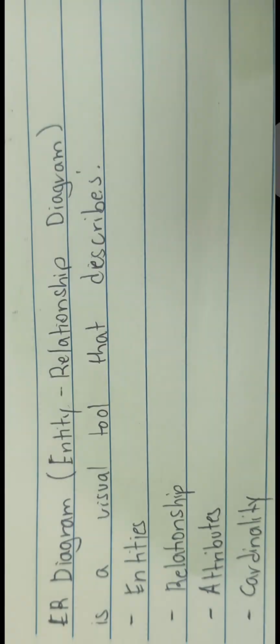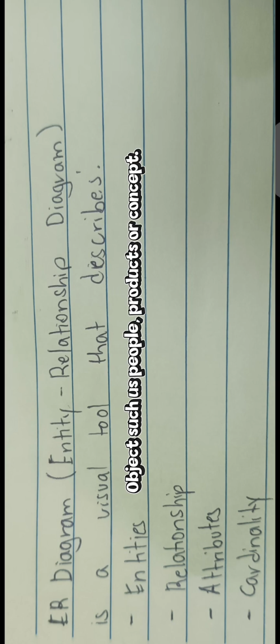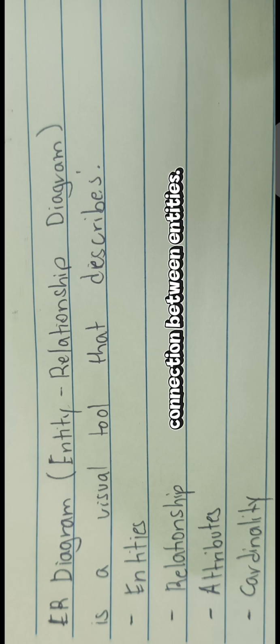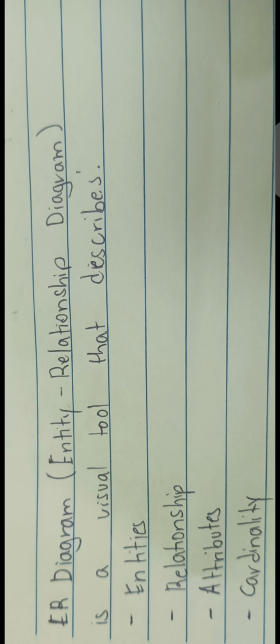Let's go to ER diagram or entity relationship diagram. It is a visual tool that describes entities, relationship, attributes, and cardinality. Entities are objects such as people, products, or concepts. Example, name, address, etc. And relationship is connection between entities.